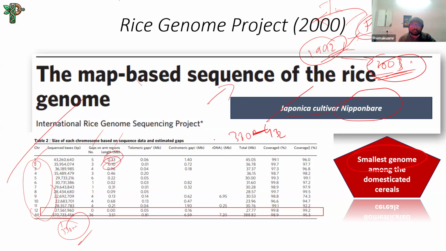It's a range. Why is this range available? Because whenever they sequence a different rice variety, it definitely has some difference in genome size. They are nearly the same, but definitely differ by several base pairs. All are correct. Don't think that only 380 is wrong or 432 is wrong; the range is correct.